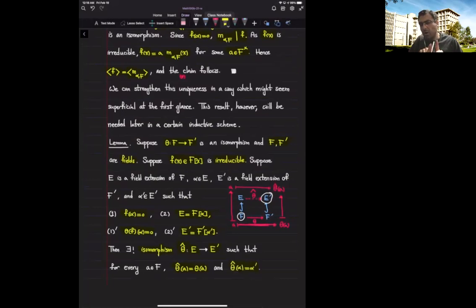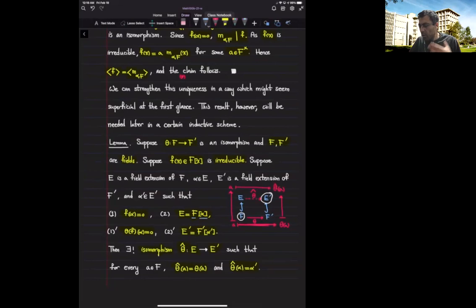So if I know where I'm supposed to send this particular zero alpha, let's say to alpha prime, and if I know what I want to do with elements of F, then of course it's going to be unique, because E is generated by F and alpha.